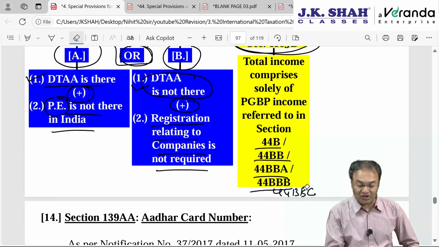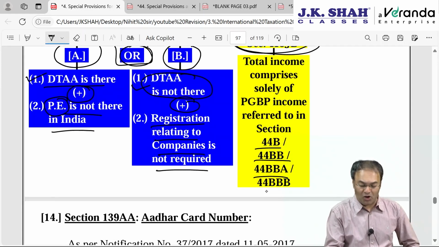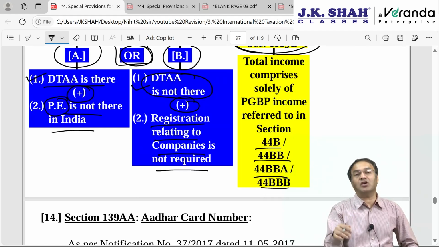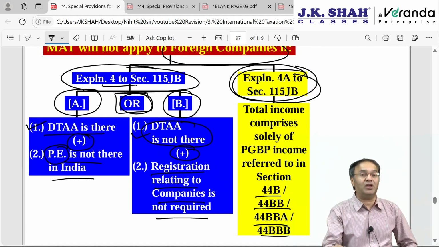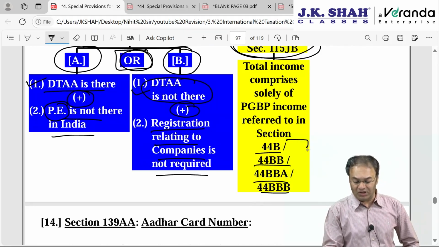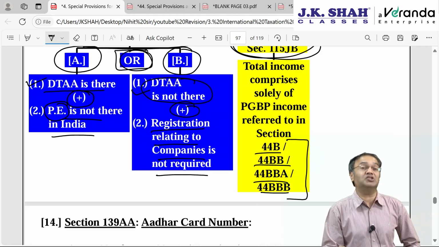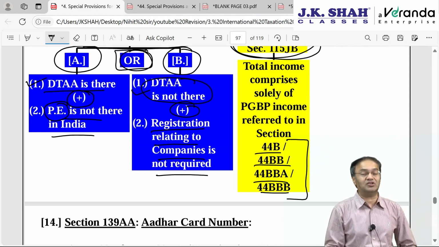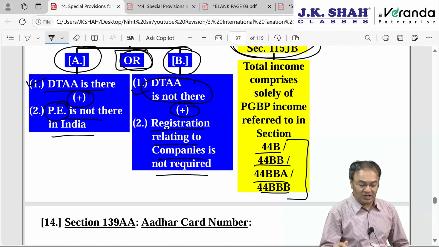I have not missed out anything. I was observing whether the government has covered it or not. The government has not covered it here in explanation 4A to section 115JB. So MAT will not apply if the income declared in the IT return comprises only of presumptive taxation income covered by these 4 sections, and the assessee company has declared its income in accordance with these sections.